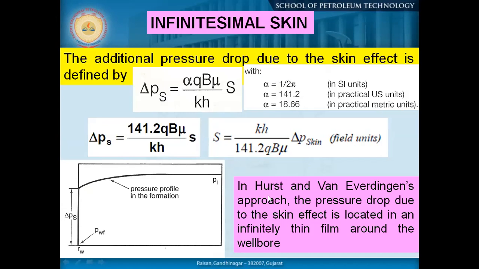In the Hawkins and Van Everdingen approach, the pressure drop due to the skin effect is located in an infinitely thin film around the wellbore. So this value is related to certain parameters which relate to the reduction of your permeability.